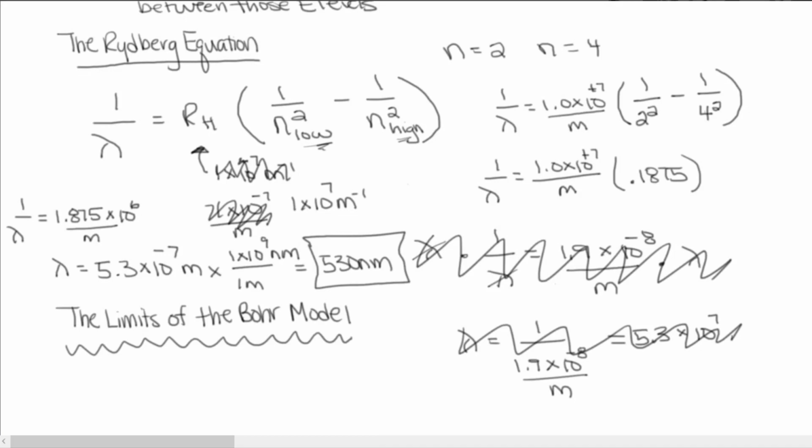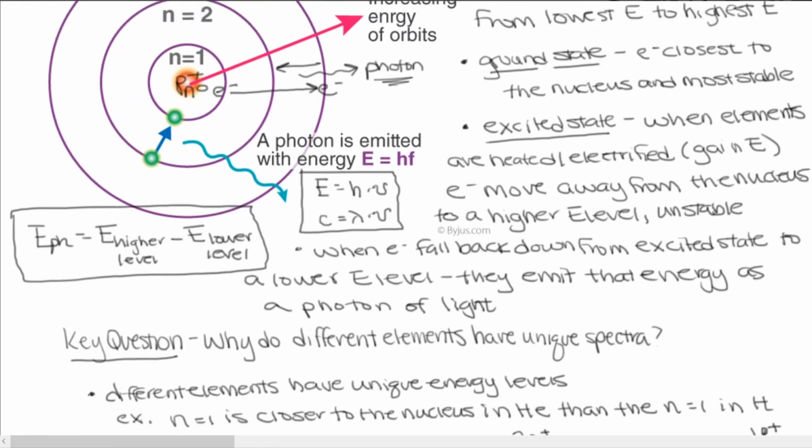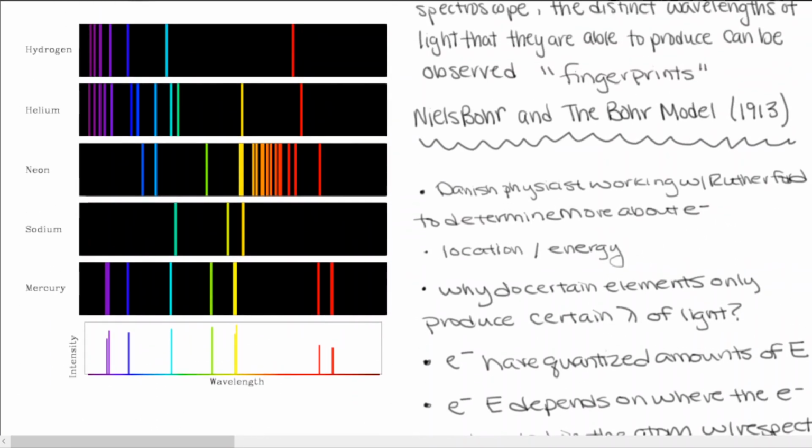However, we did all of that work, right? We did all of this work explaining with this Bohr model of the atom why we're seeing these different colors of light as electrons transition between those energy levels. And it turns out that this explanation that Bohr had only really works for hydrogen.